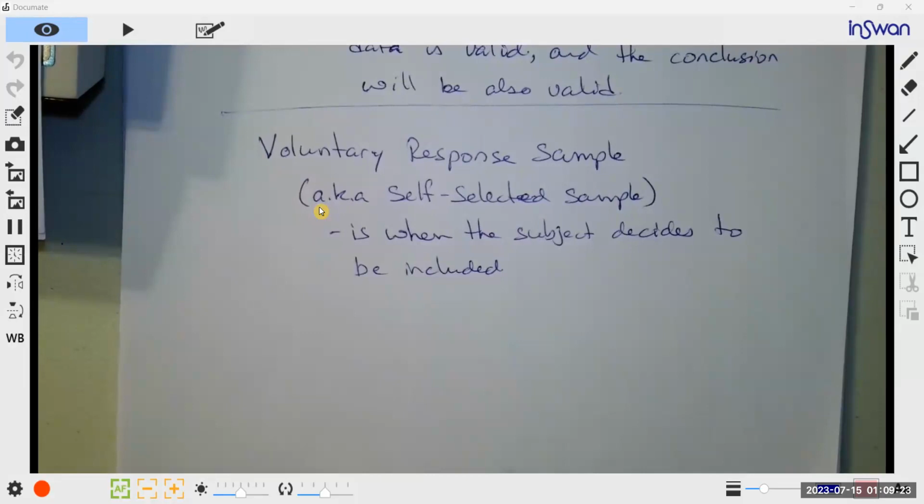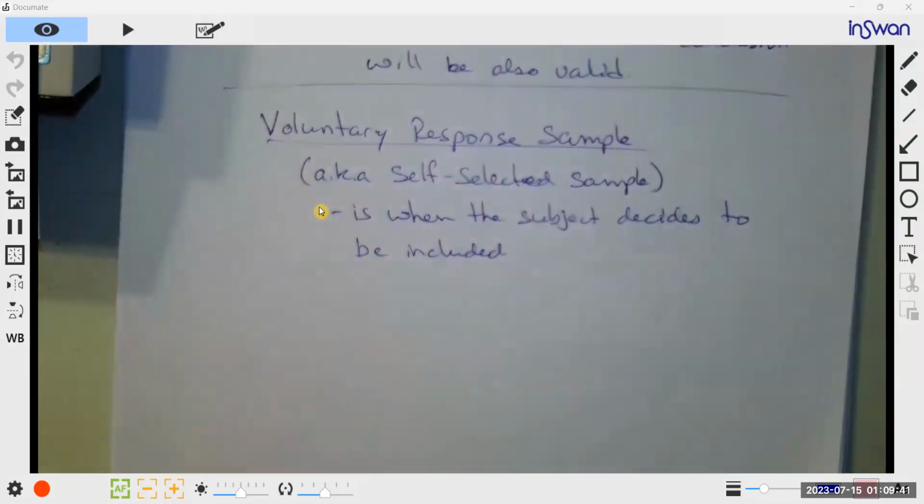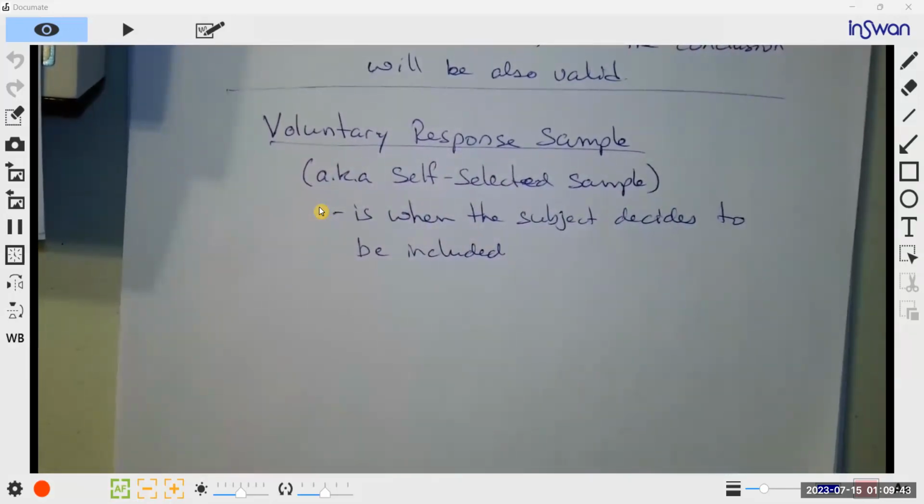And you definitely see this on the internet. You have these things online that say, hey, take this survey if you're interested in this. All right, so these type of voluntary response samples, it's not that accurate.